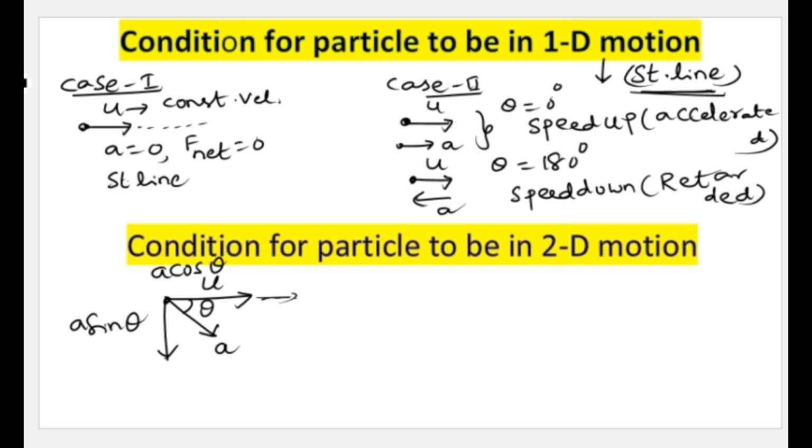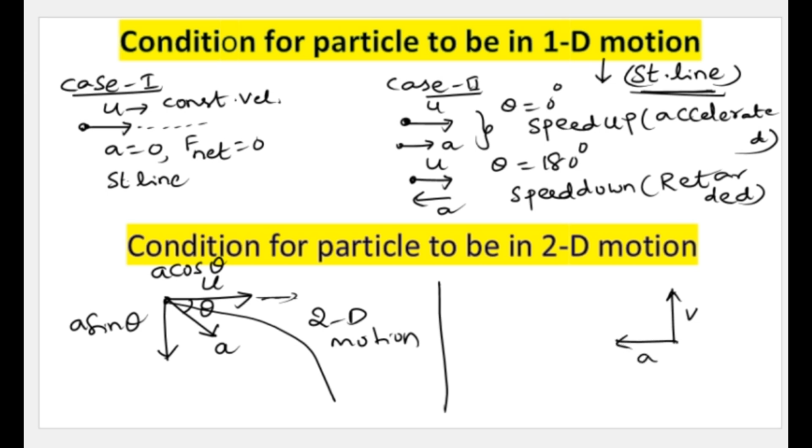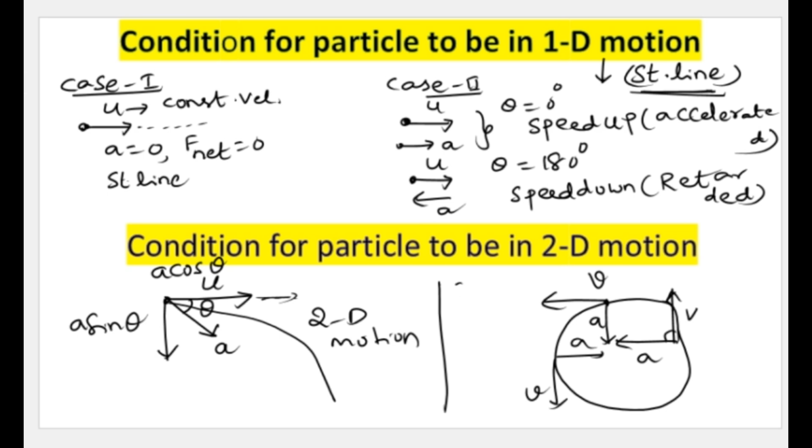Due to these two accelerations, the particle path is curved, and this is 2D motion. Then one more example, already we know very well, for initial velocity, if acceleration is perpendicular, then the particle path is like this, a circle. It means at each and every point, for the direction of velocity, if acceleration is acting perpendicular to it, in this situation the particle is in circular motion.